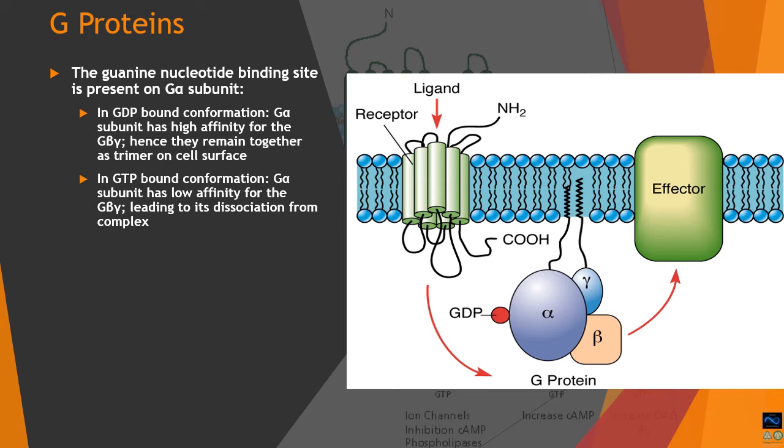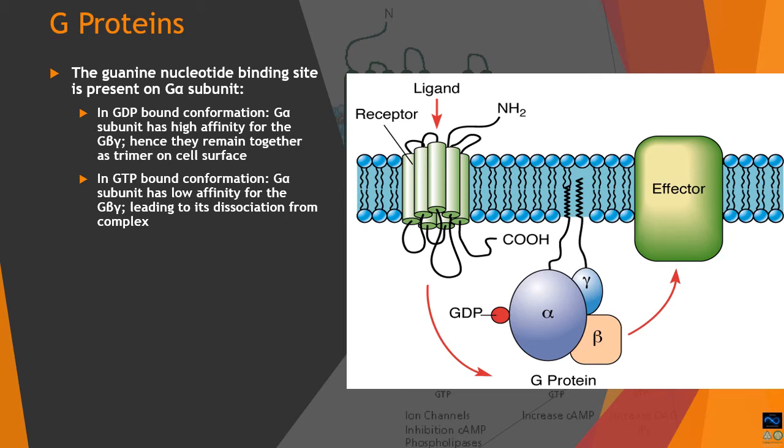When GDP is exchanged for GTP, alpha has a lower affinity to bind to the other two subunits, beta and gamma, so they come apart and dissociate to form G alpha GTP separate and G beta gamma separate.